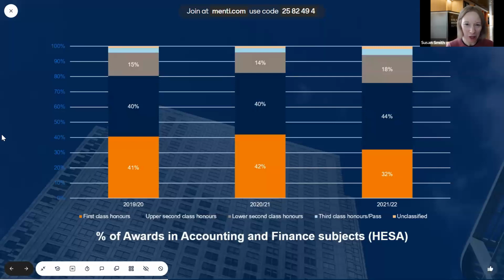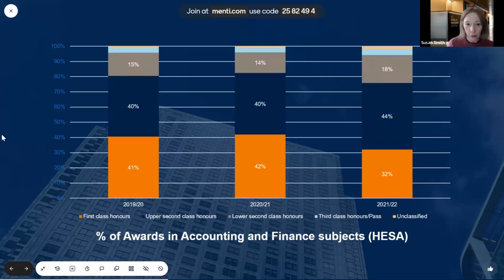I'm sure anyone who's seen the HESA mappings will know, but I think it's the best we have to know for our sector, our discipline, what that looks like. And in 21-22 we had approximately 15,500 students, and were the biggest contributor to the broader business and management discipline.